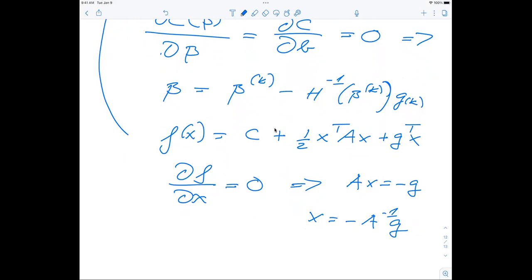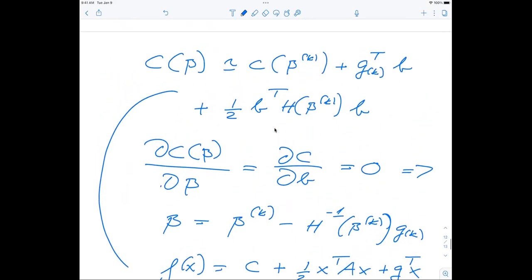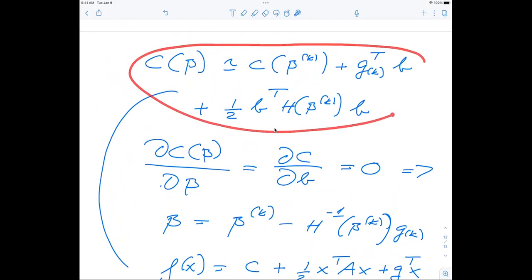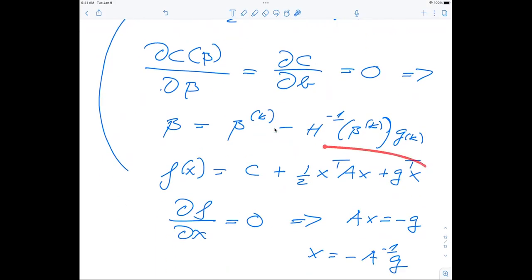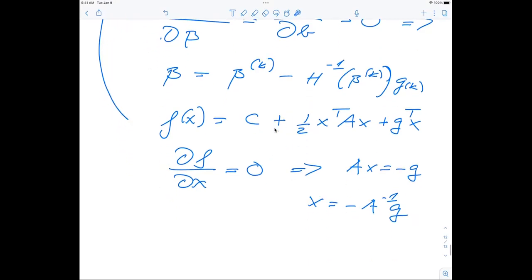So what you see now is that when we look at the Taylor expansion of the cost function around the optimal value, that corresponds to optimizing a problem which is quadratic in the unknown quantity x. Here x is a vector and A is a matrix. And that leads to the standard linear algebra problem with A times x equal to a vector on the right-hand side, which is known.